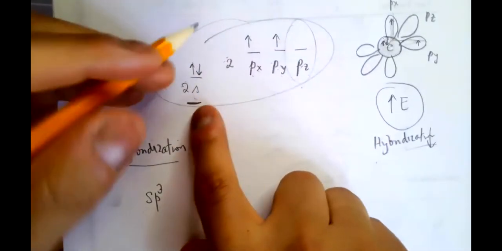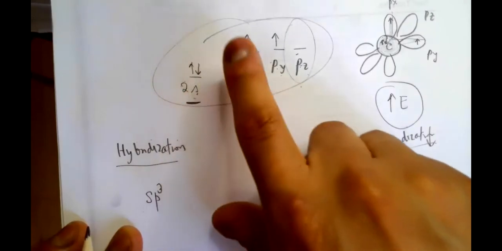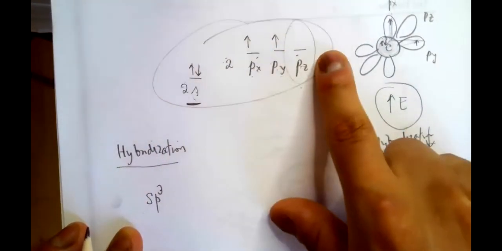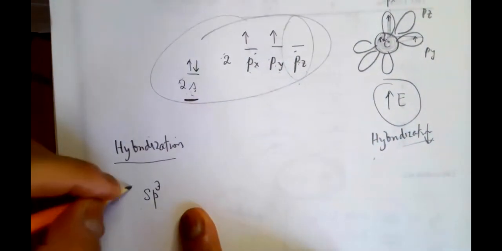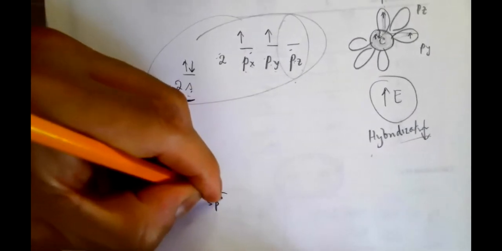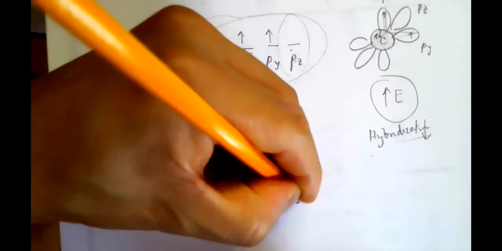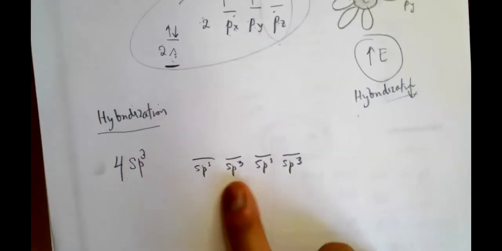If you hybridize 4 atomic orbitals, you should also get 4 hybrid orbitals. So you will form 4 hybrid orbitals, all called sp3.